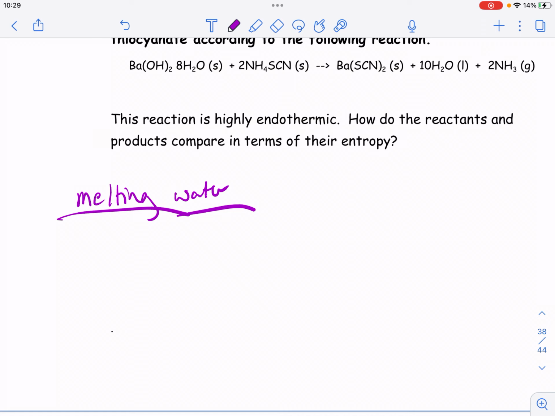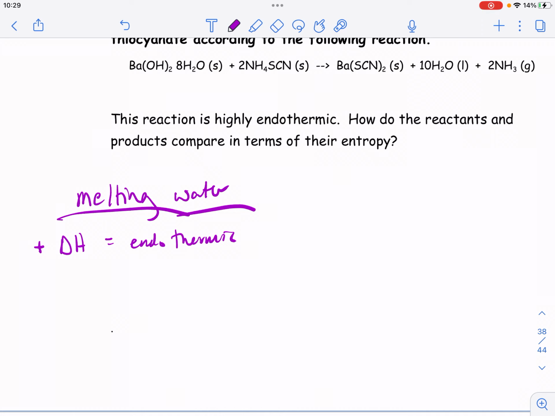Okay, the melting of water, if we think about it in terms of delta H, melting is an endothermic process. Heat will be absorbed by the ice, and that will break the hydrogen bonds that exist between all the water molecules, and so it'll separate them. So this is a positive delta H value.